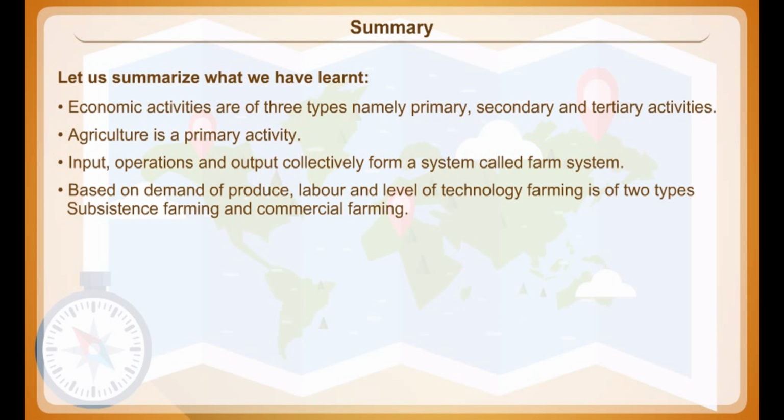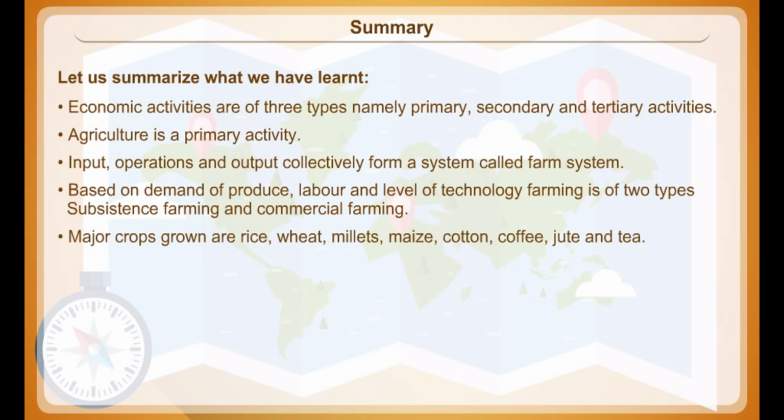Based on demand of produce, labor and level of technology, farming is of two types, subsistence farming and commercial farming. Major crops grown are rice, wheat, millets, maize, cotton, coffee, jute and tea.